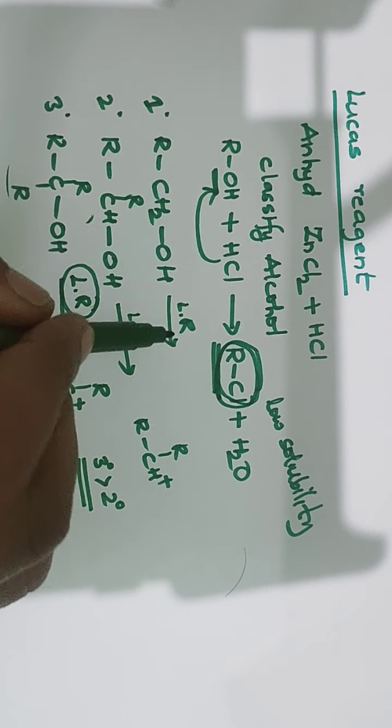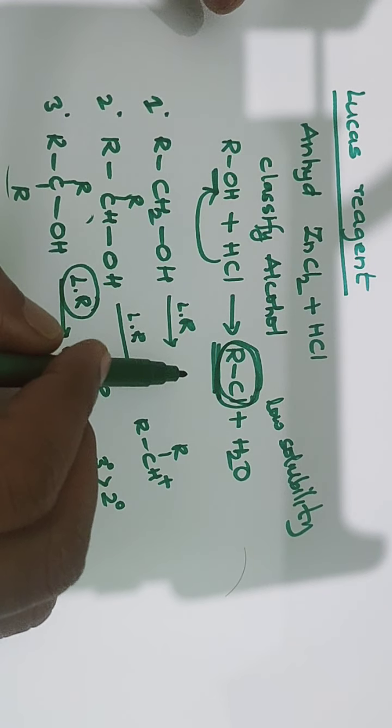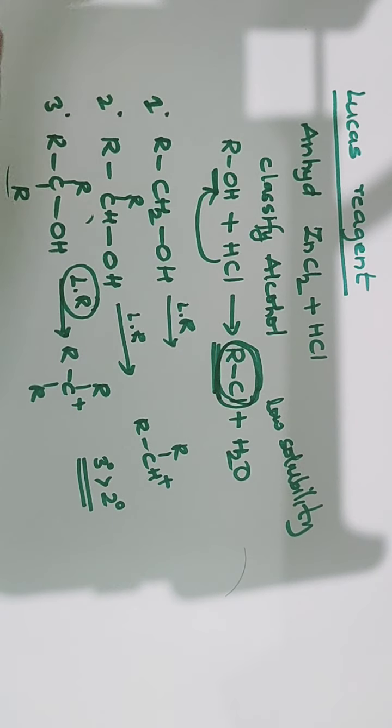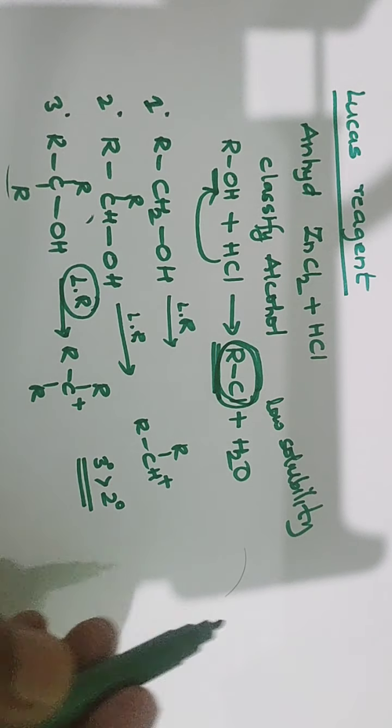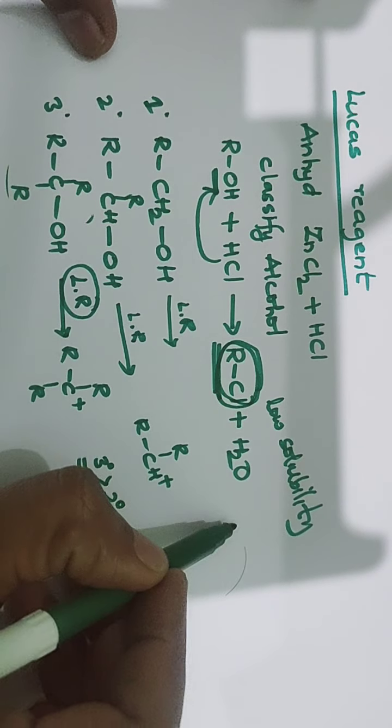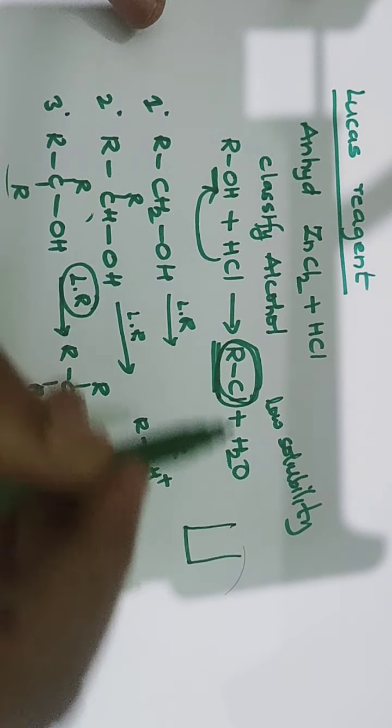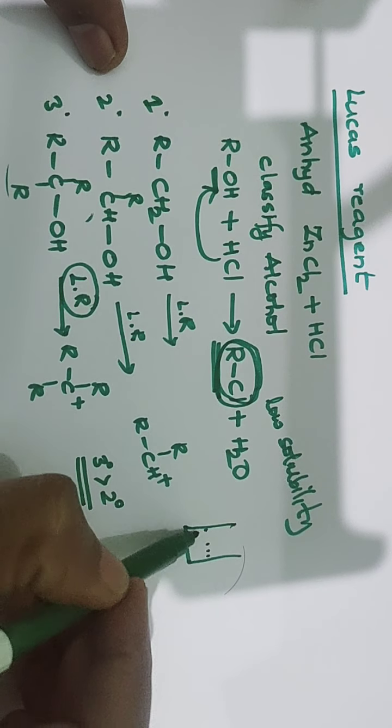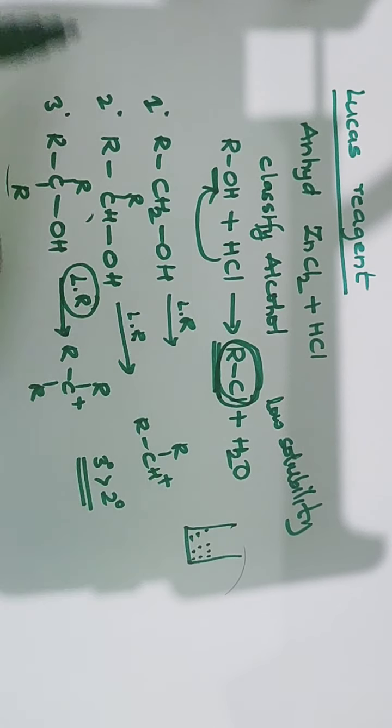If no turbidity appears at room temperature, but on heating an oily layer is formed, then that alcohol is a primary alcohol. So this is how we use Lucas reagent to distinguish primary, secondary and tertiary alcohols. Think that I have a test tube and I have an alcohol. I don't know whether it is primary, secondary or tertiary.